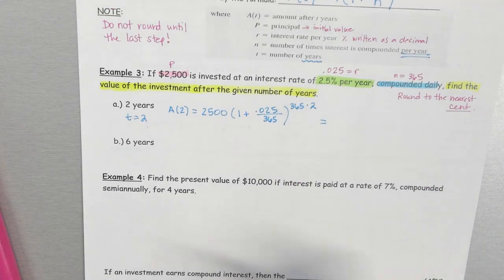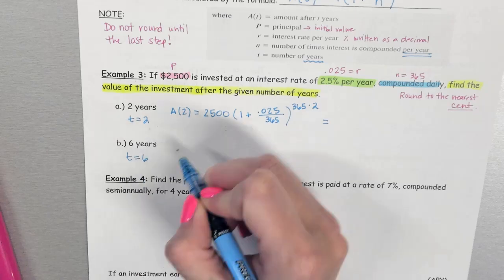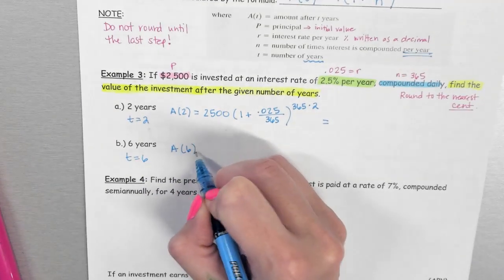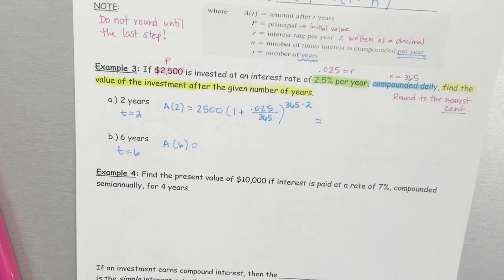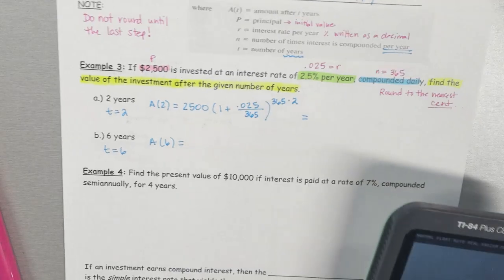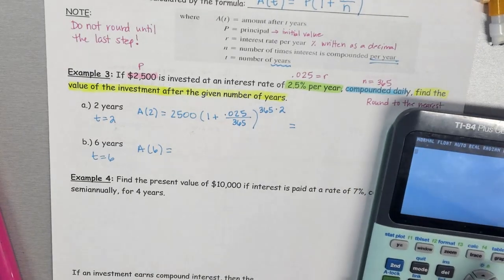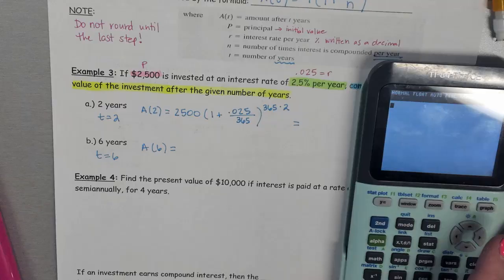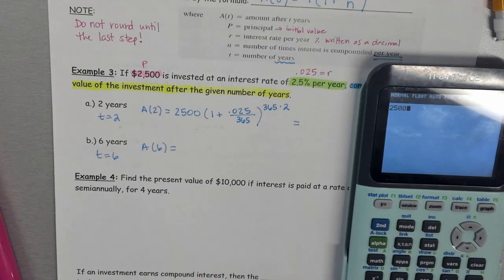So I want you to practice plugging that in, and then go ahead and set up your A of 6. You can plug this all in at once.